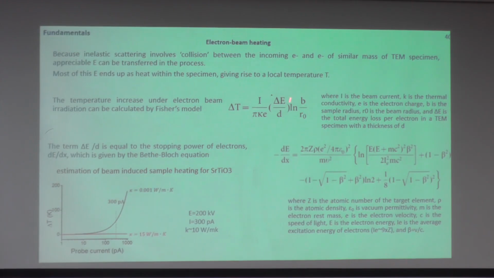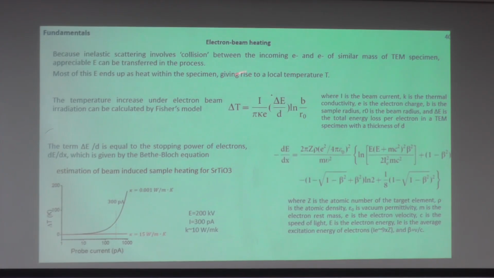Delta E is the total energy loss per electron, D is the specimen thickness, B is the specimen radius, and R0 is the beam radius.